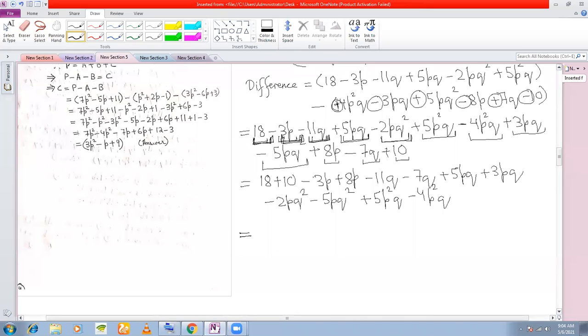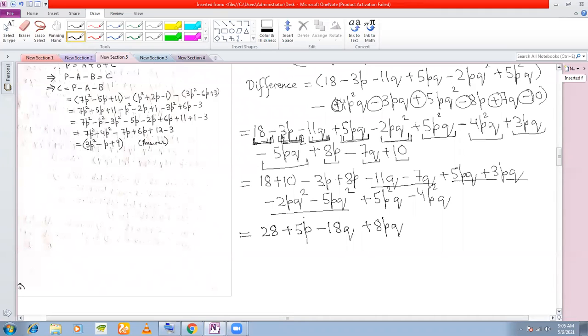Next, in the next step, we simply add. So 18 plus 10 here is 28. And minus 3 plus 8 will give you a plus 5p. Now if you add these two, minus 11 minus 7 will give you a minus 18q. Now if you add these two, you will get 5 plus 3, 8, so 8pq.